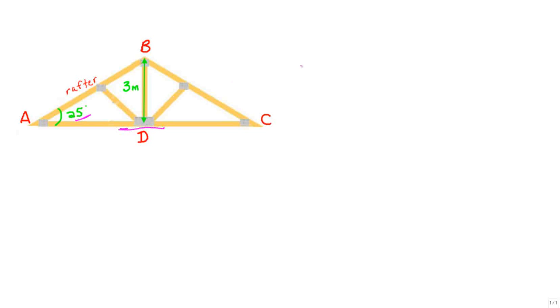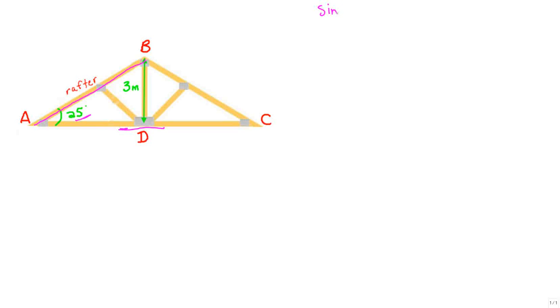So what he needs to calculate now is how long he's going to have to cut a board for his rafter. And his rafter runs from angle A to angle B. So we're going to use the sine ratio.